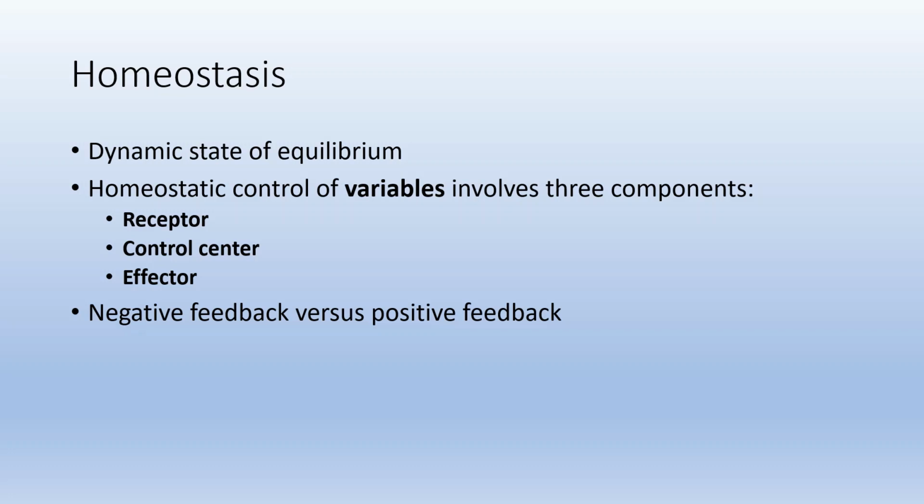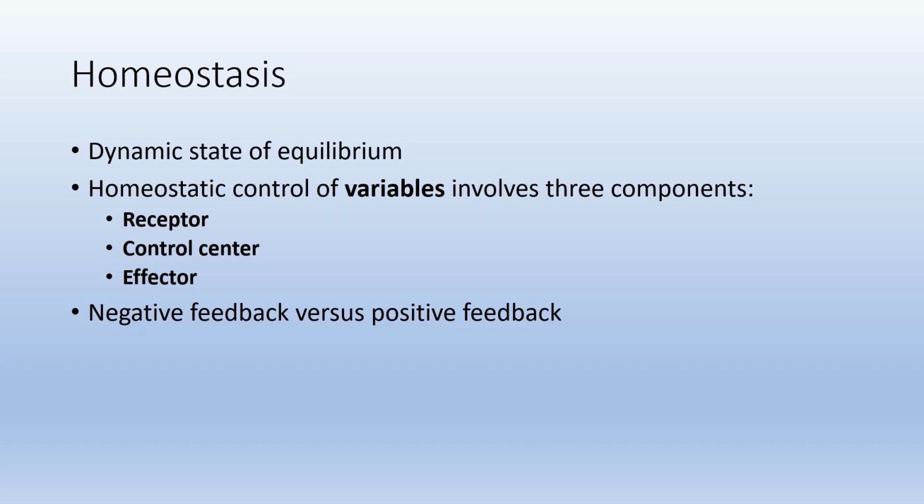The last couple of examples that I just gave you regarding blood sugar and body temperature are great examples of negative feedback. Negative feedback is when we have a stimulus and our response is to either reduce it or turn it off.